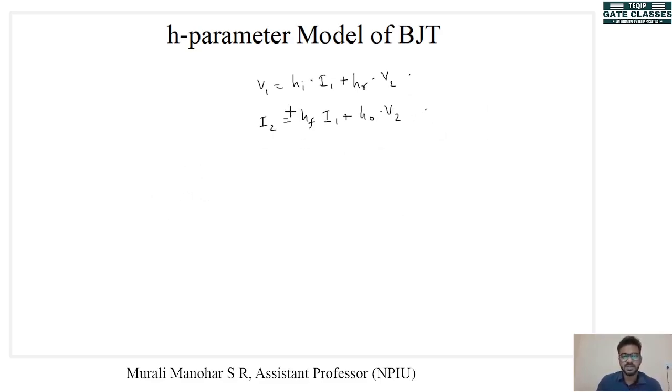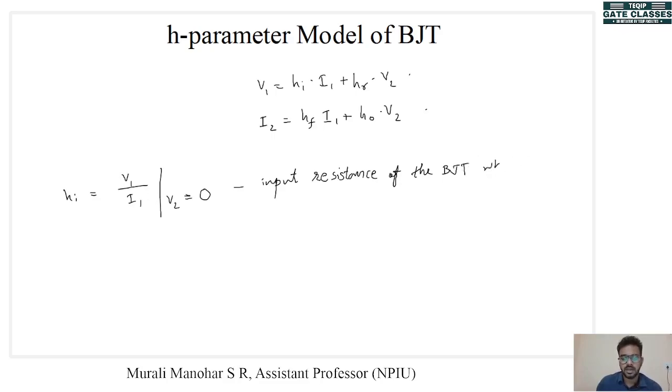Now we know how to find out these parameters. HI is given by V1 by I1 when V2 is equal to 0. And this is called the input resistance of the BJT when the output node is connected to the common point.